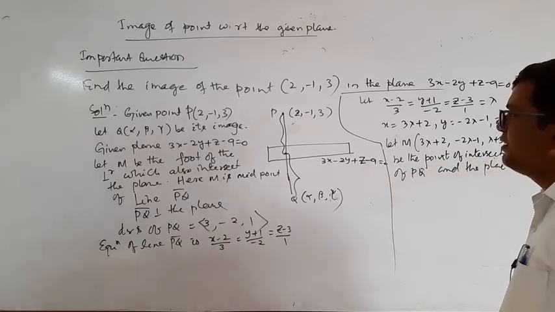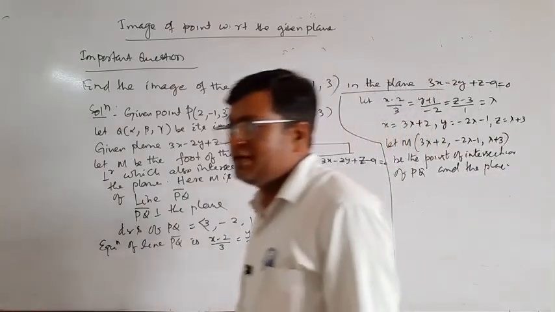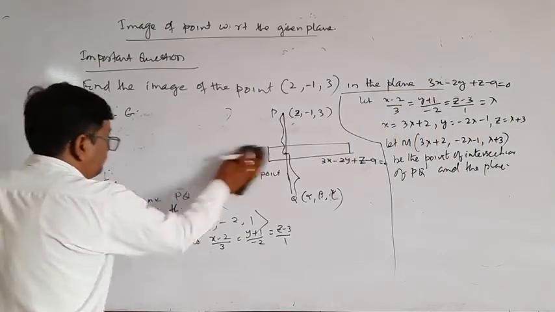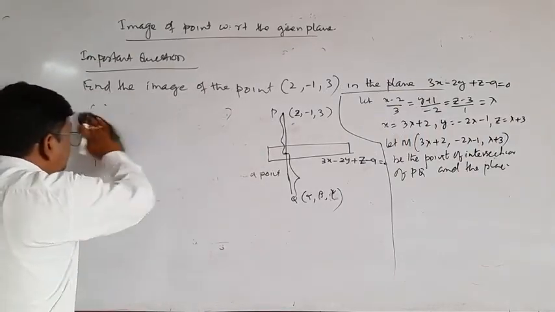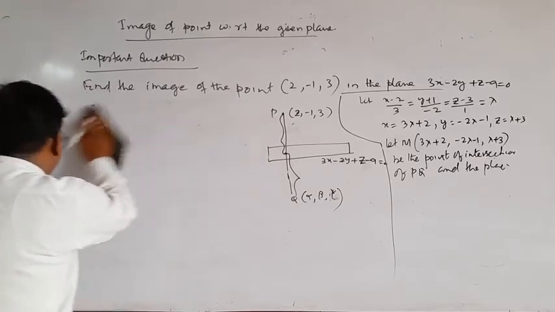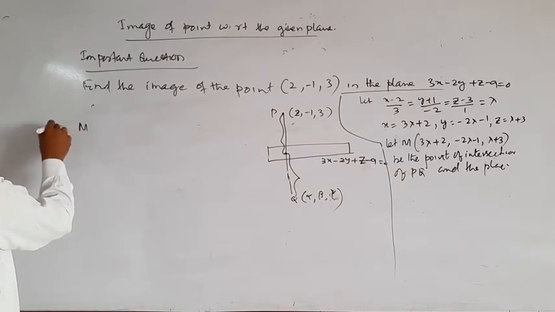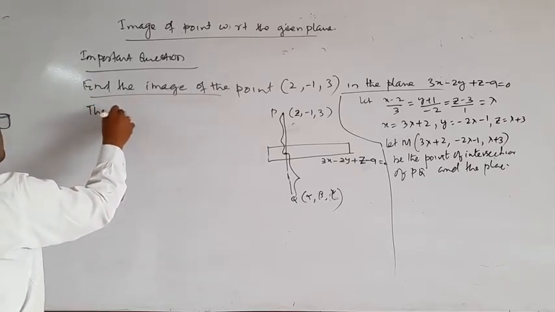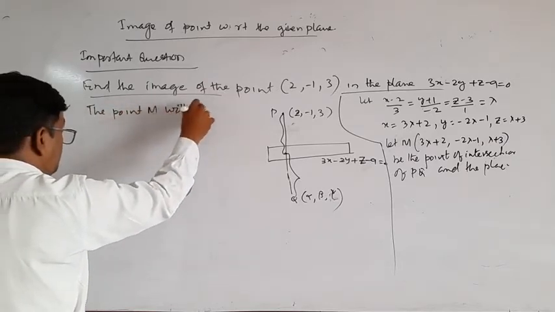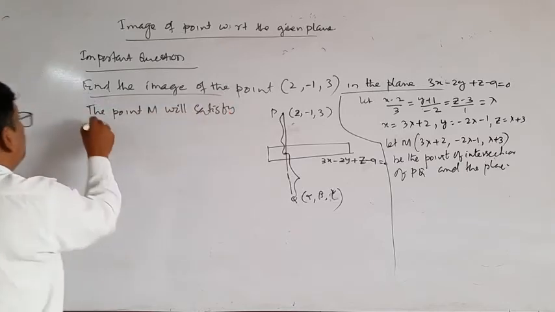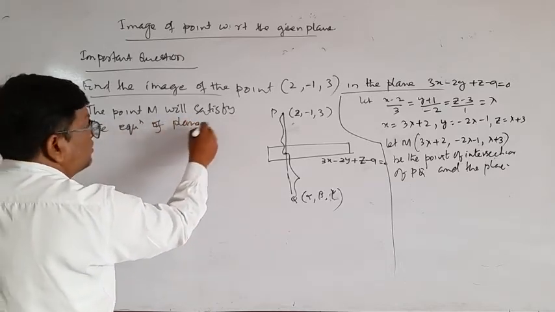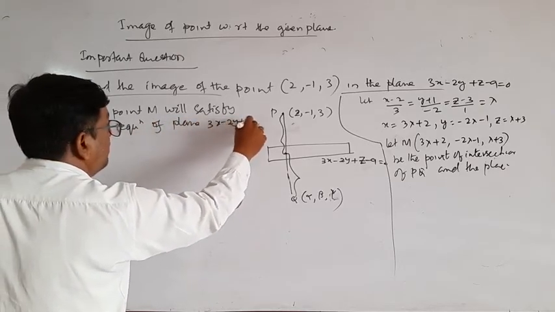So M will satisfy the equation of the plane, which is 3x minus 2y plus z minus 9 equals 0.